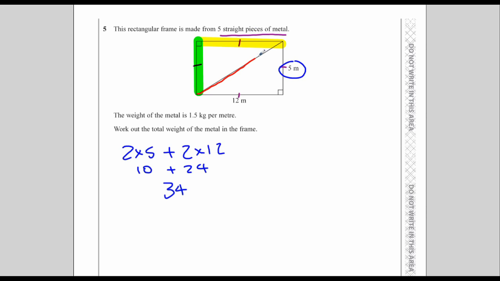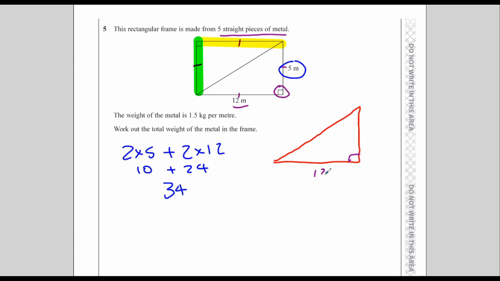We need to find this diagonal. Can you see that as well as being a rectangle, this is also a triangle? And the type of triangle it is, is a right angle triangle. So this should spring to mind something called Pythagoras.